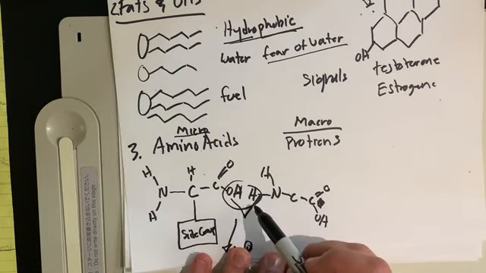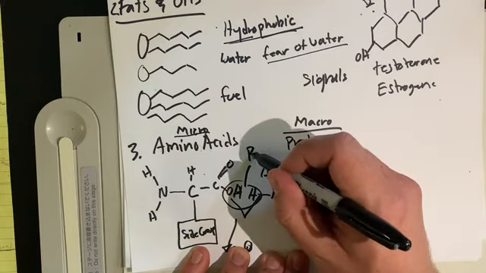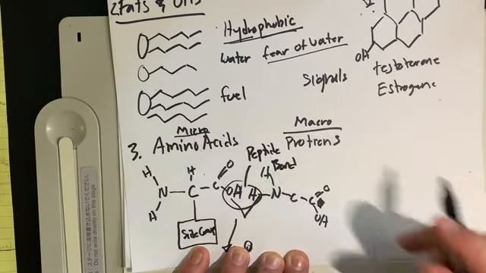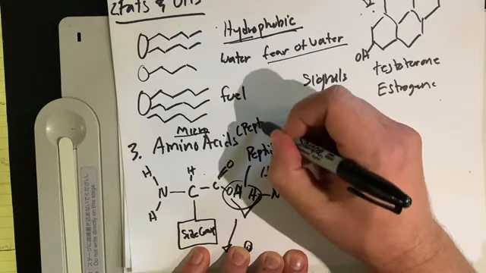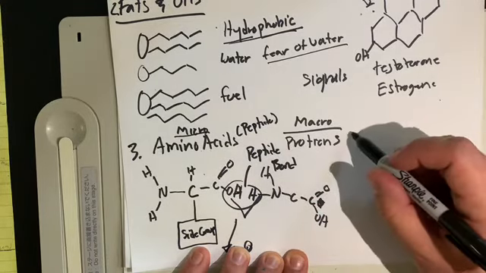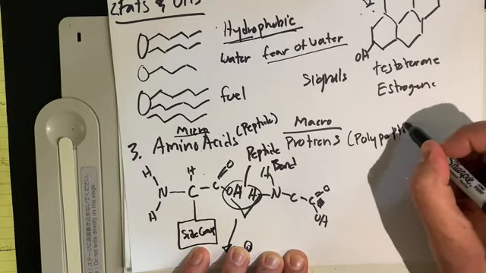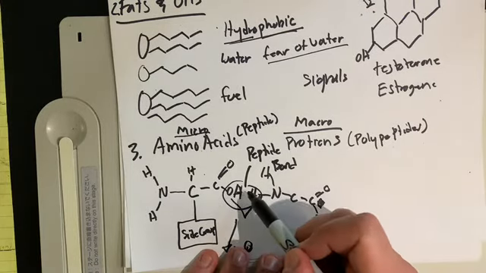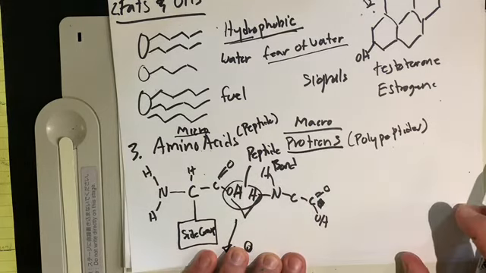And when you do that, you create what we call a peptide bond. And the reason why we call it a peptide bond is sometimes amino acids can be called peptides. And proteins, which is a combination of a bunch of amino acids, often are called polypeptides. Once again, poly meaning many. And so you make this peptide bond. So as you create more and more of these, you then create your protein.